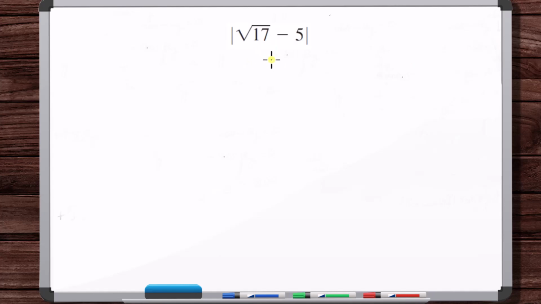What if you came across this in a larger expression or wherever? You could plug square root of 17 into your calculator and get a decimal, but maybe you want to leave the square root of 17 as it is. Is this fully simplified? No, this is not fully simplified. We know that the square root of 16 is 4.